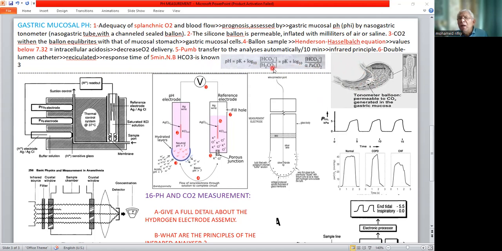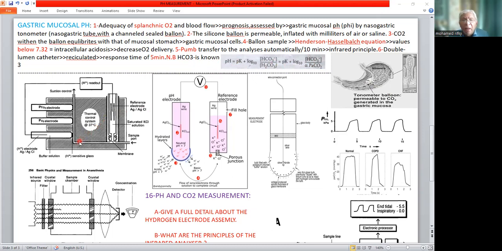And we can estimate, of course, the pH knowing the Henderson-Hasselbalch equation, where we notice the amount of bicarbonate present, and of course, the solubility coefficient of carbon dioxide. Whenever we divide or take the logarithm of both of them, knowing the pKa, we can estimate the pH.